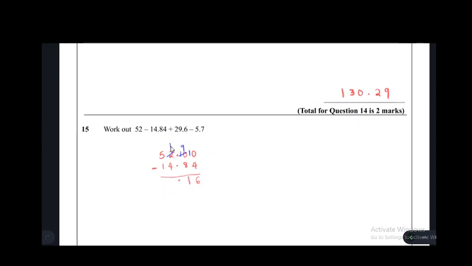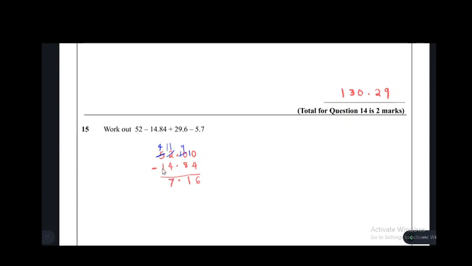And then 1 take away 4 is not possible, my people. So I'll have to borrow 1 from the 5. So if I borrow 1, I'll remain with 4. And here I will remain with 11. So 11 take away 4 gives you 7. Whoopsie, let me use the red color. So that is 7.